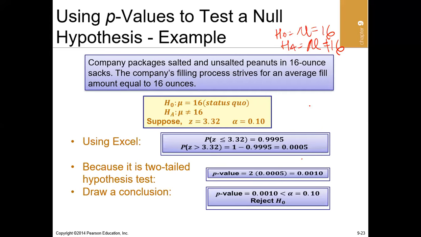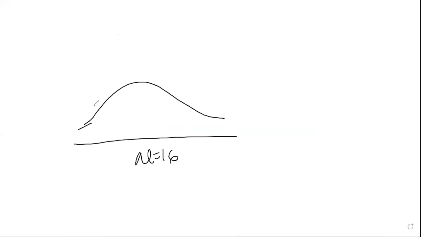Now, if we are going to use the z-value approach, it will be very simple. We would say that the average is equal to 16, so we allow for a little more and a little less.